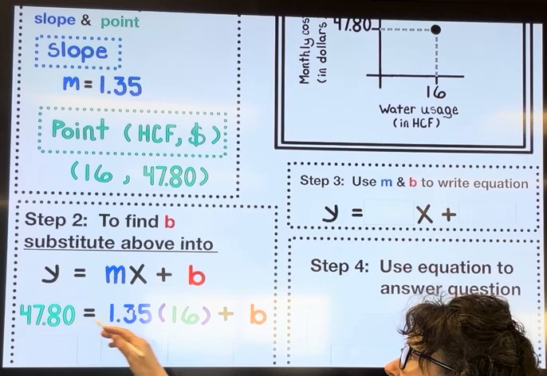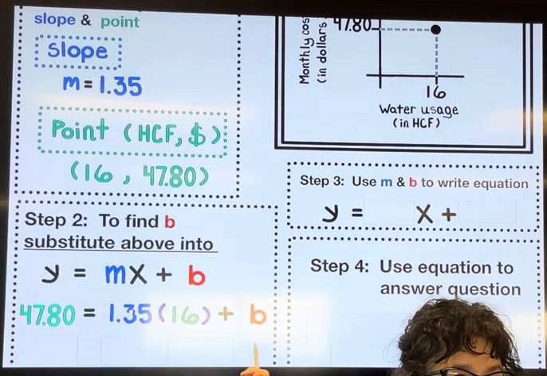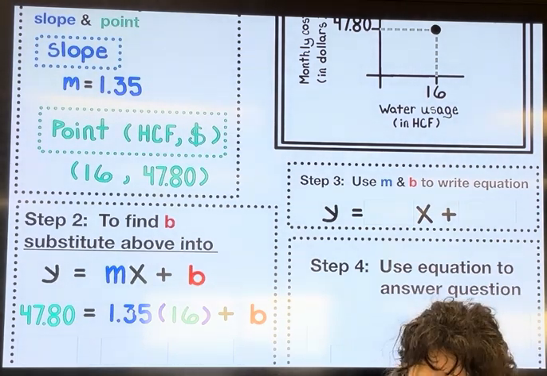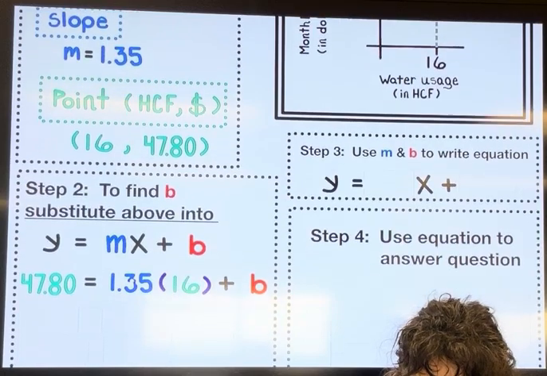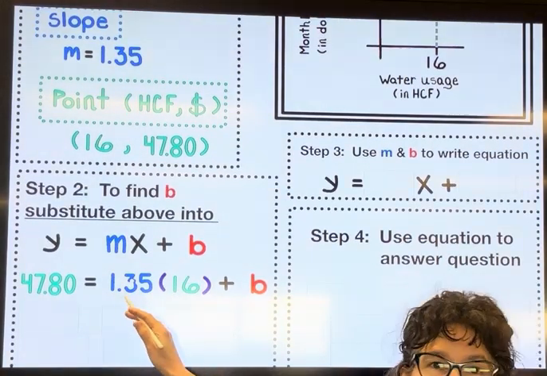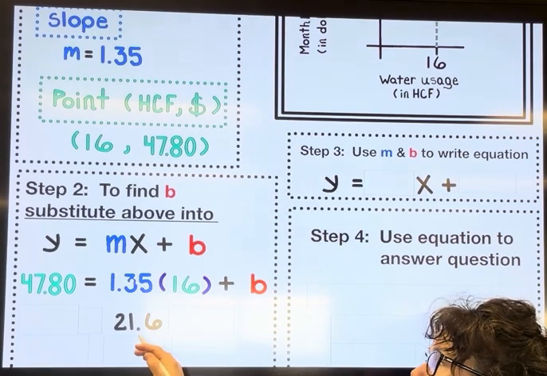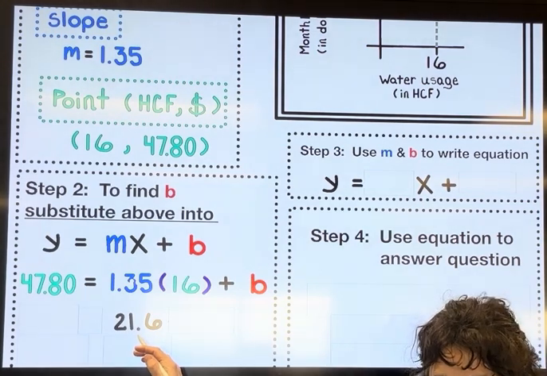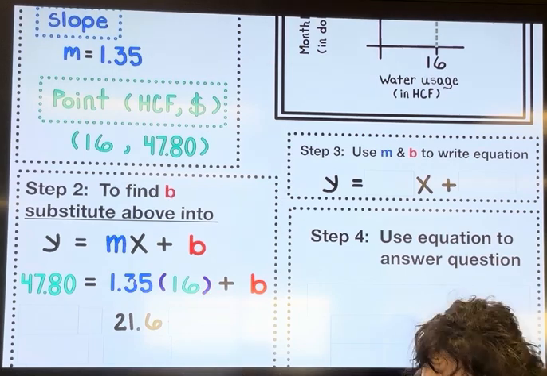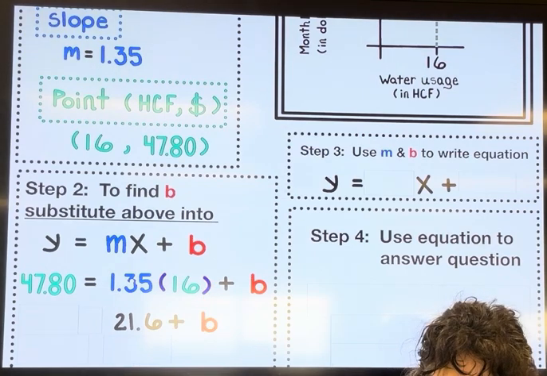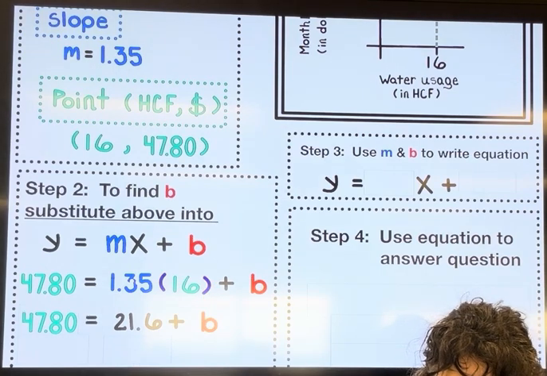So notice I have everything substituted except for the b. Let's solve this equation for b. If I take 1.35 multiplied by 16, I get 21.6. I'm going to bring down the plus b and bring down the equals 47.80.